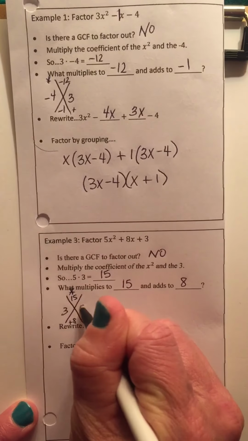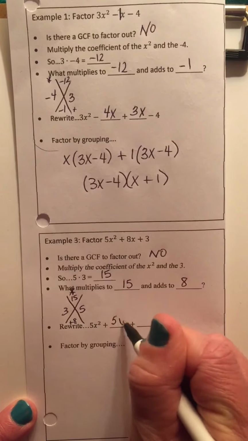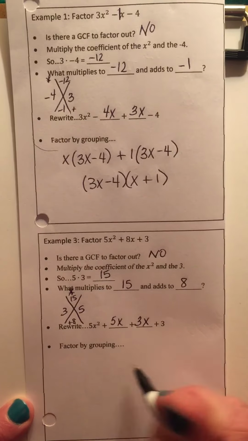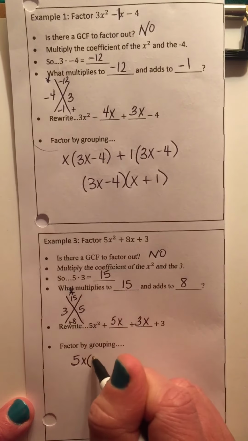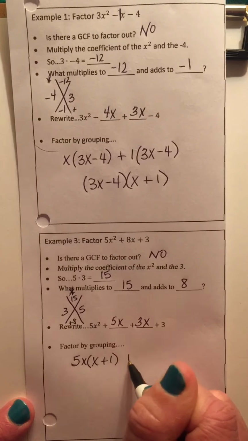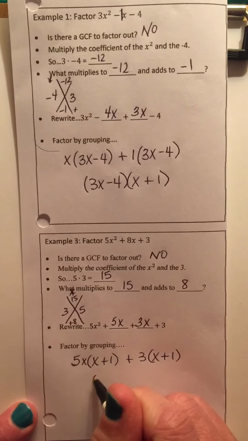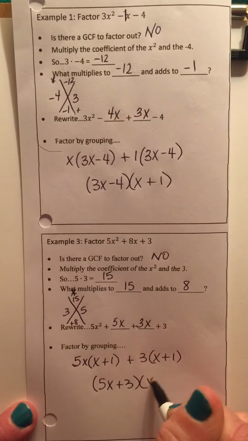It's going to be 3 and 5. 5x squared, I'm going to write plus 5x plus 3x plus 3. Factor by grouping, so we can factor out a 5x times x plus 1 plus 3 times x plus 1. Factors to 5x plus 3 times x plus 1.